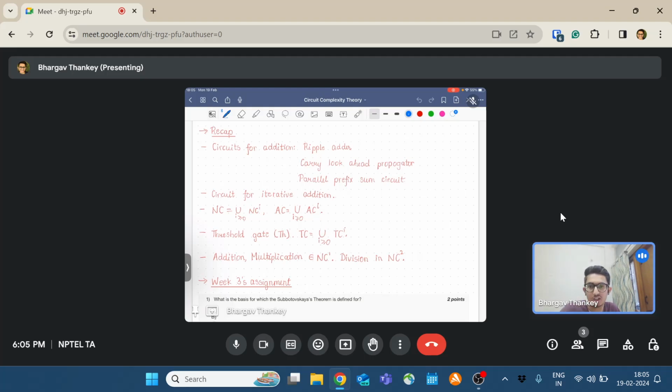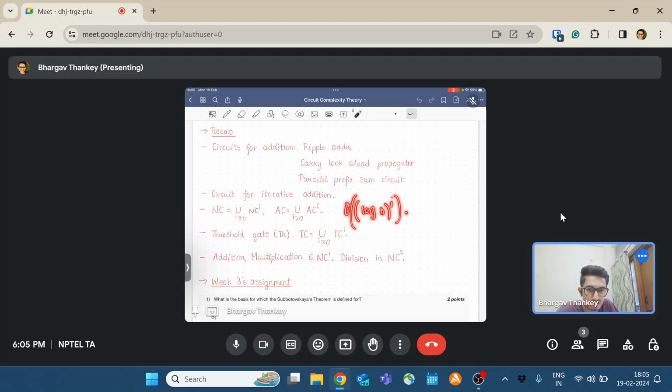Then we looked at the definitions of some circuit classes. In particular, we looked at the definitions of NC^i, AC^i, and TC^i. So recall that NC^i is the class of all circuits of poly size and log n to the i depth, and the fan-in of every gate is at most 2.